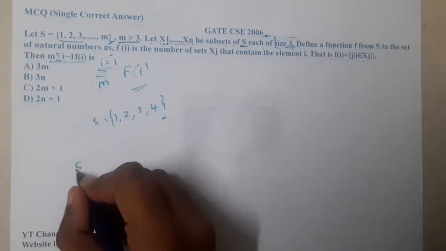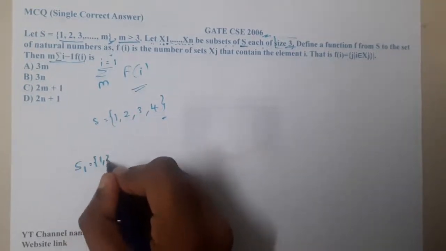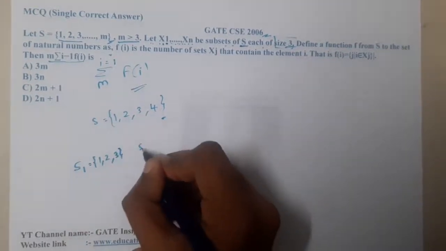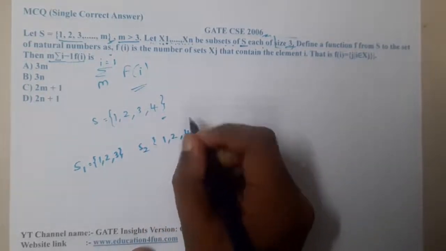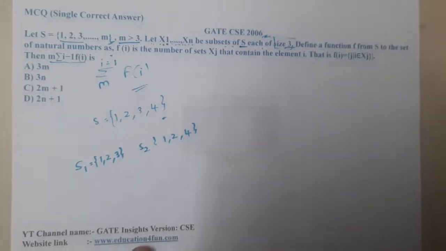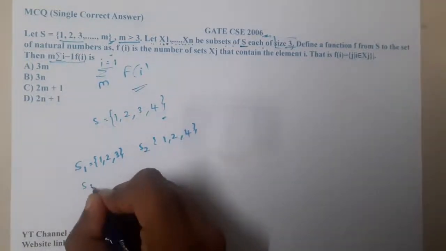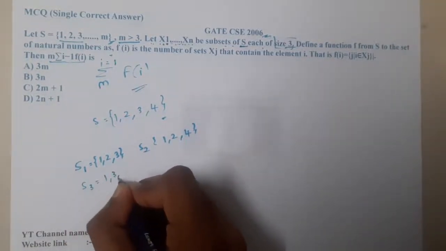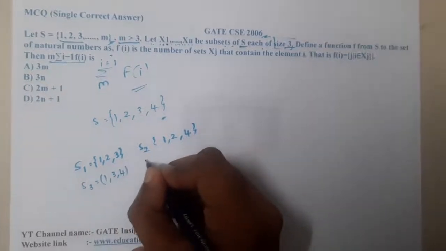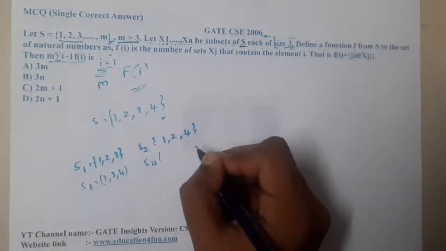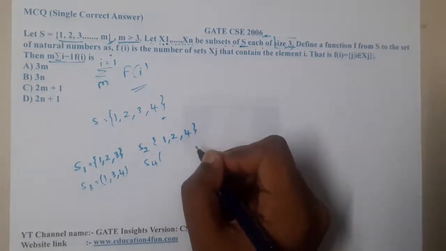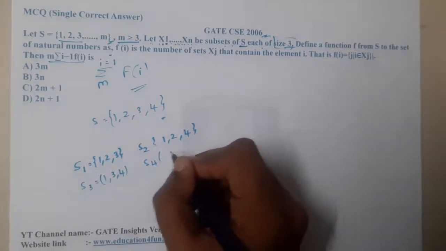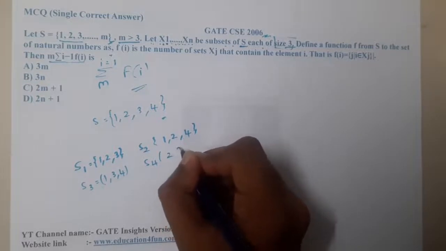In this set we have S1, which has 1, 2, 3, and S2, which has 1, 2 and 4. Similarly, S3 has 1, 3, 4. Since 1, 2, 4 is done, 1, 2, 3 is done, and 1, 3, 4 is done, S4 is 2, 3, 4.